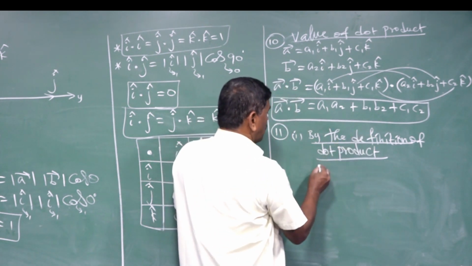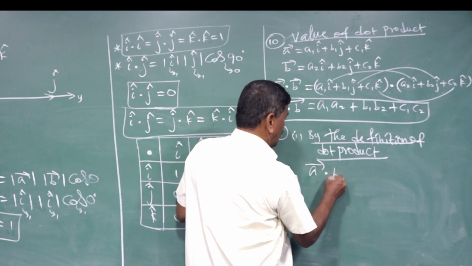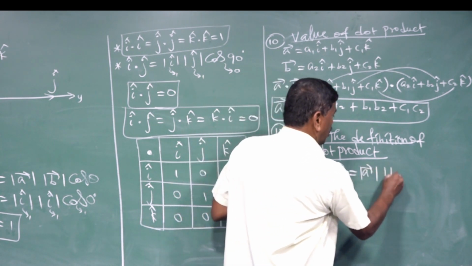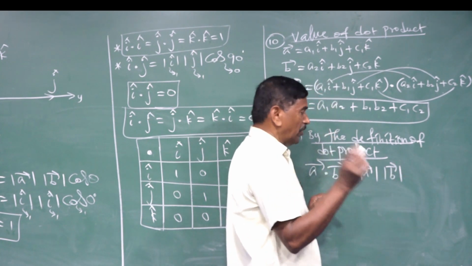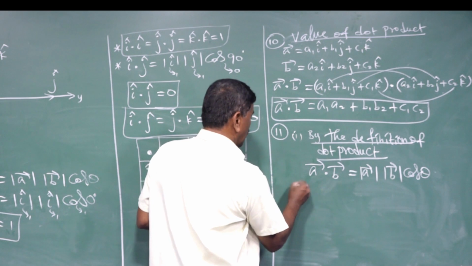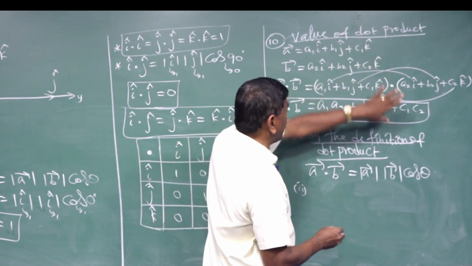It is given by A vector dot B vector is equal to modulus A vector into modulus B vector into cos theta. Now the second one is by the value of dot product.